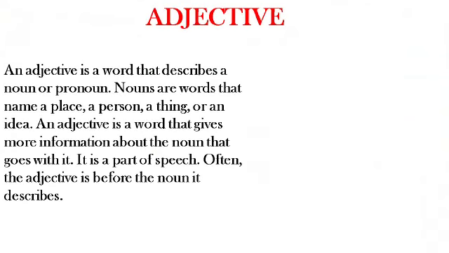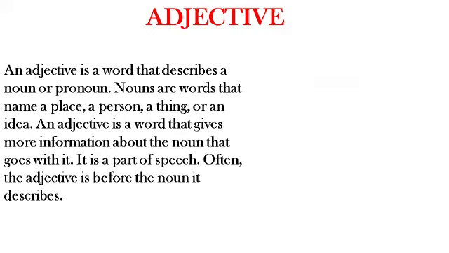Adjective. An adjective is a word that describes a noun or pronoun. Nouns are words that name a place, a person, a thing, or an idea. An adjective is a word that gives more information about the noun that goes within. It is a part of speech.